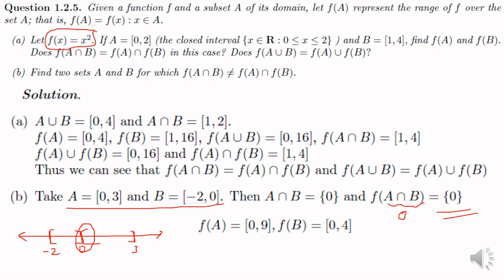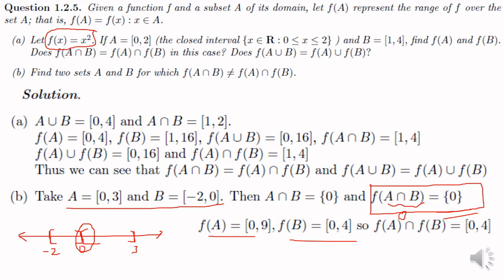Now you can see that f of A intersection B, here you got it as the singleton 0. fA is 0, 9, fB is 0, 4. So their intersection fA intersection fB will be 0, 4. One is 0, 9, another one is the closed interval 0, 4. So the common region for both is the closed interval 0, 4. Now you can see that fA intersection fB is not equal to f of A intersection B.